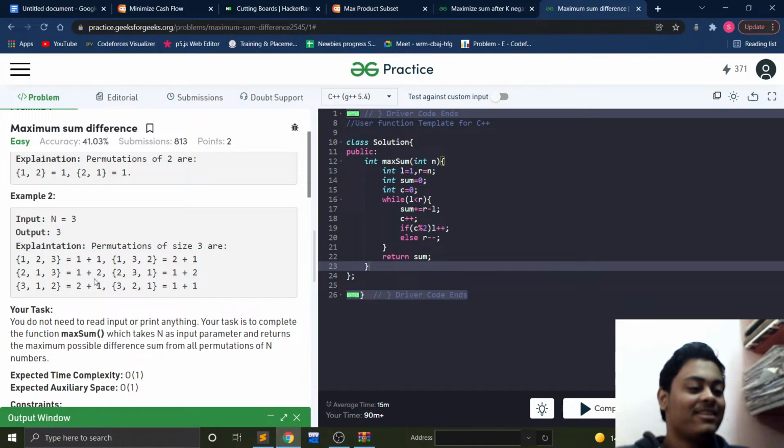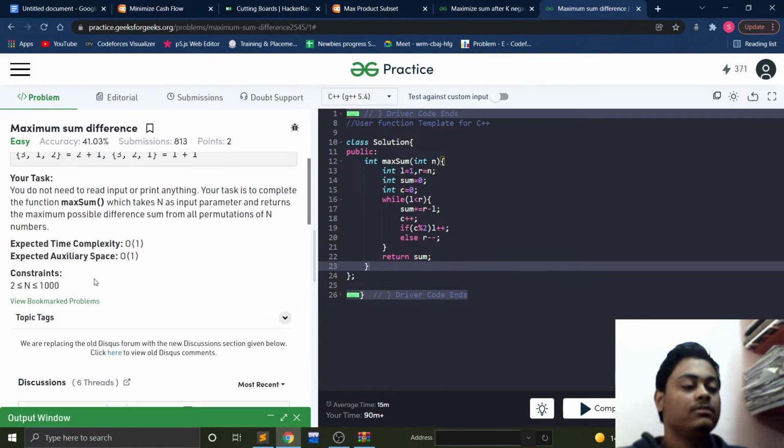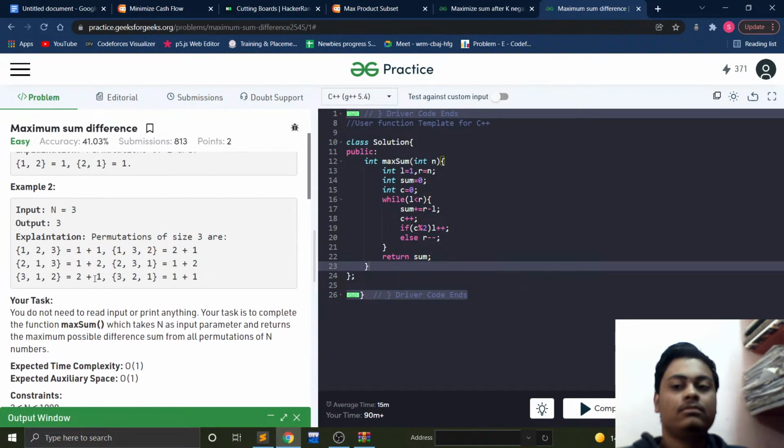You do not need to read or so. Okay, whatever. Permutations of size 3.